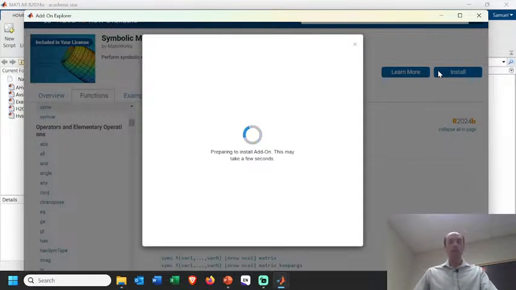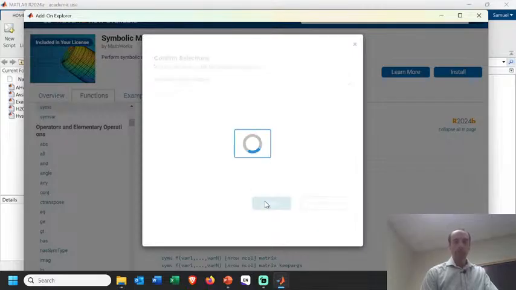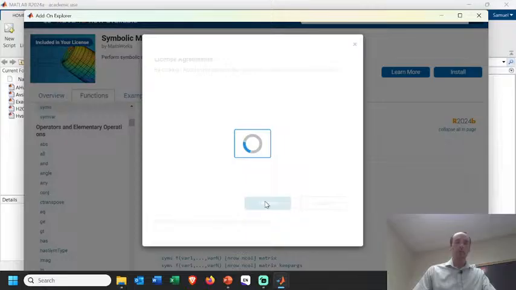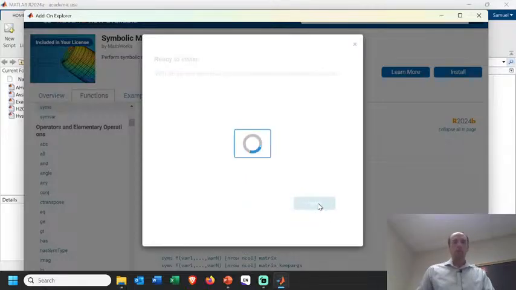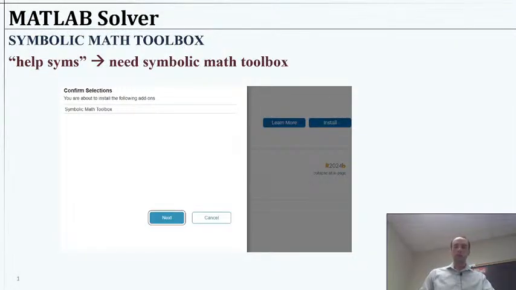So hopefully that is only a few seconds. Then we can get back to that. Okay, it's going to reboot MATLAB, and then I'll show you the little thing there. Do you have a Mac or a PC?